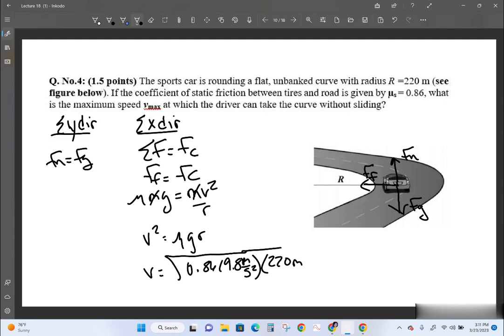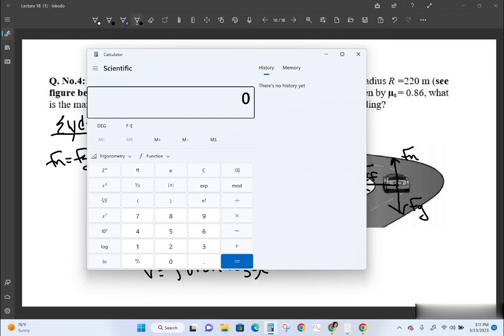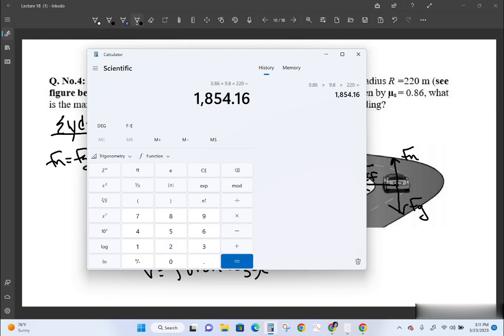So if we put this in our calculator, we have 0.86 times 9.8 times 220 equals, and then we need to take the square root of this. So to take the square root, we want to do second, and we want to find the square root button, if we can find it on here.